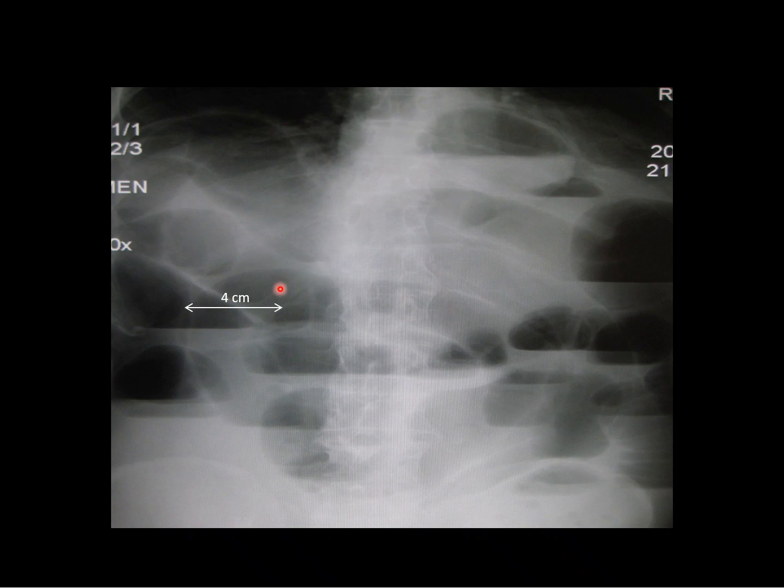We have several loops of distended bowel, none of them greater than 5 centimeters in diameter. And if you look carefully, you're going to see thin lines going around in a circle in some of these folds. This tells me that this is small bowel because those folds represent folds of mucosa on the inside of the bowel known as plica circularis.